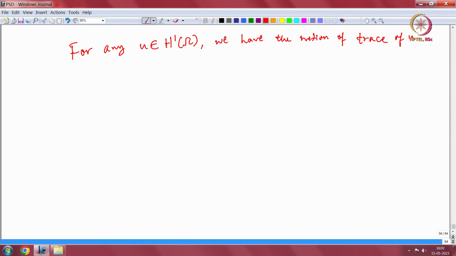For the time being, I am using this as temporary notation; usually we will not write that, we just write u only. It is denoted by trace of u on del omega, such that the trace of u belongs to L2(S).